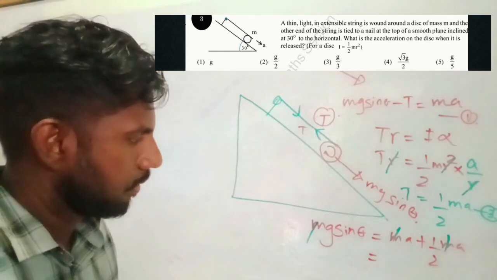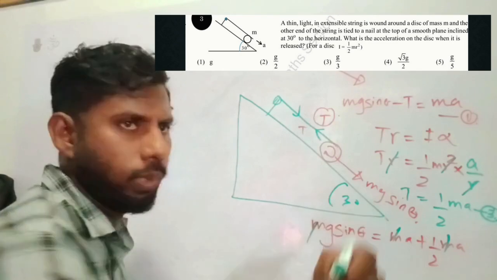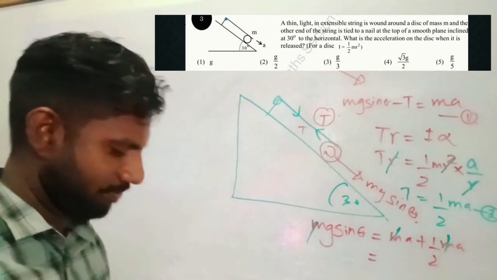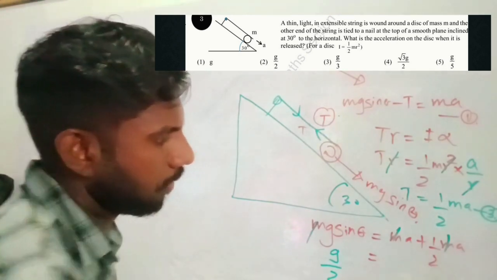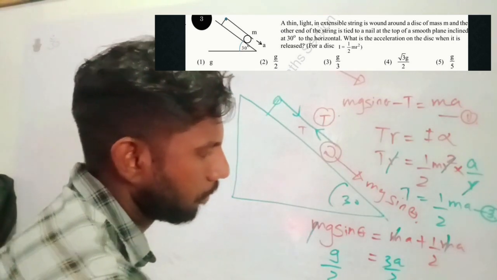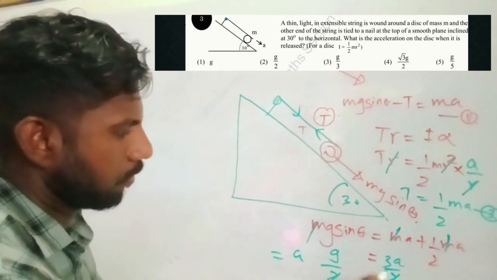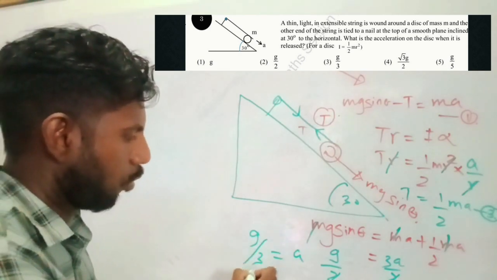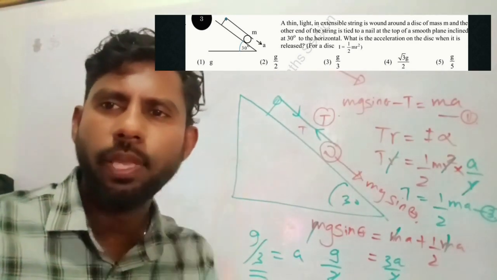And then sine 30, of course that's 30 here, but sine 30 is a half, so g by 2 equals, we need to add a plus half a, 3a by 2, right? So 2 cancel off. We can write a equals g over 3. Do we have the answer? Yes, we have the answer.